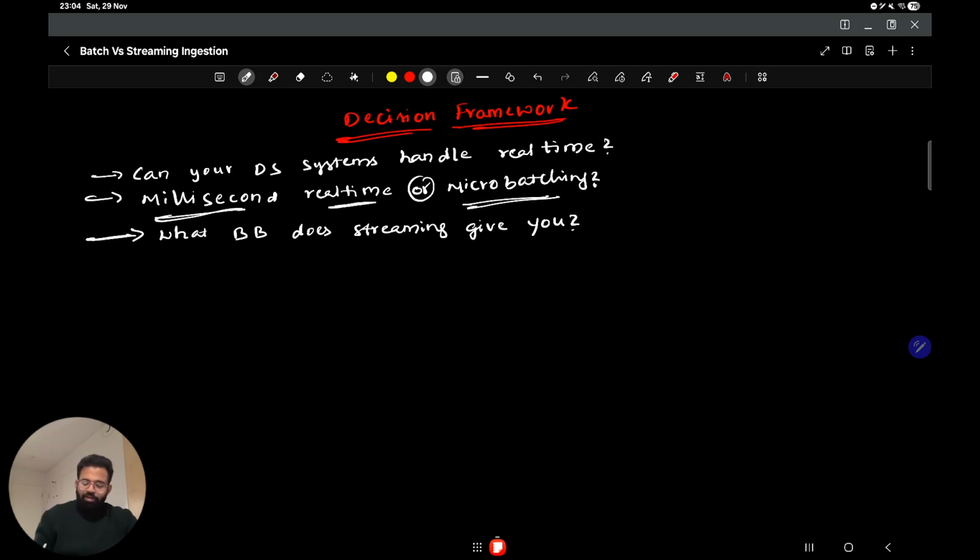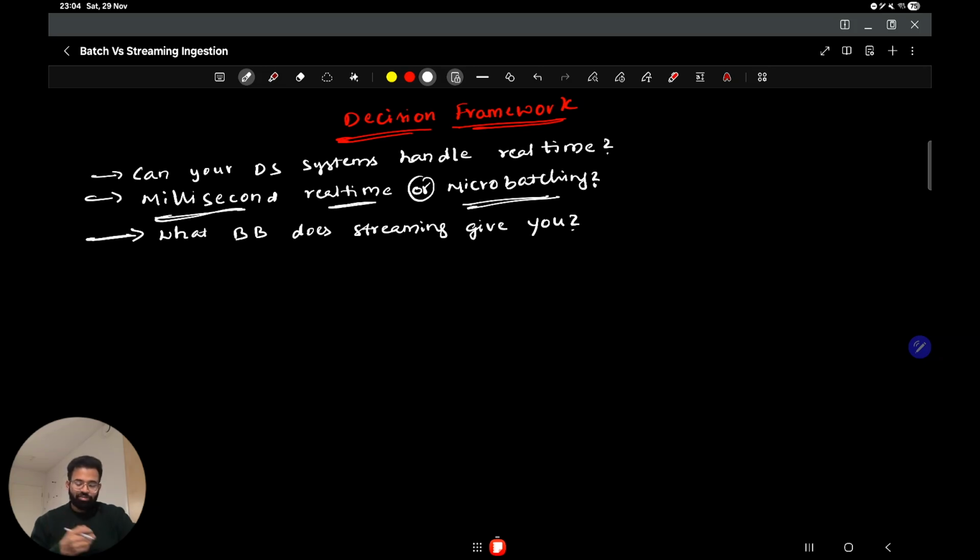At the end of the day, I am emphasizing again, we are data engineers, and data engineering is about converting raw data to data that is useful to business people so they can take decisions. You should always keep that in mind. If you have chosen streaming ingestion but it is not giving you any business benefit, then you should question yourself. Streaming should unlock new possibilities or new capabilities.